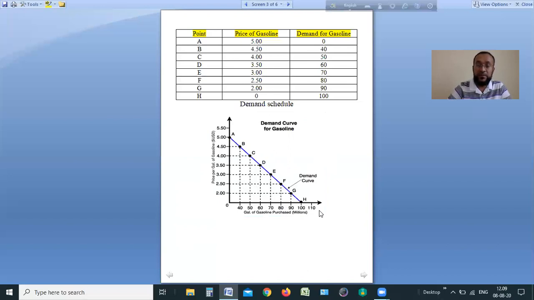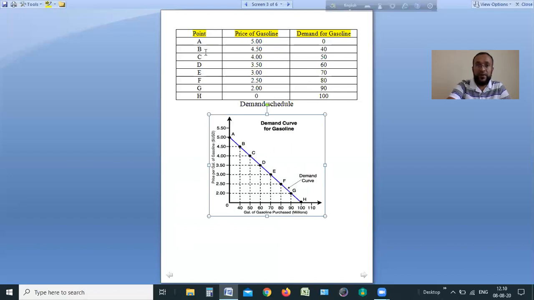That means the total amount of gasoline in millions. So at point A, when the price per gallon of gasoline is $5, there is no demand for gasoline, so demand is 0.